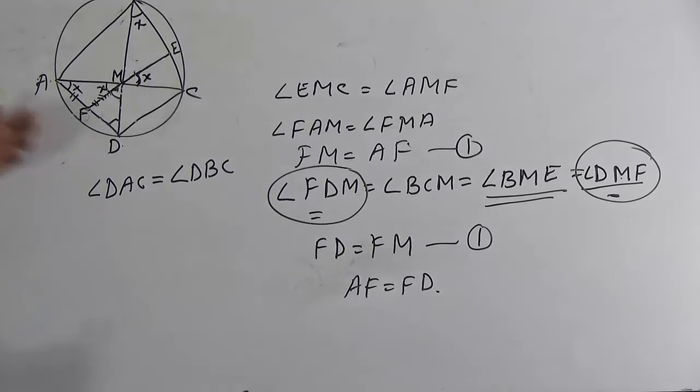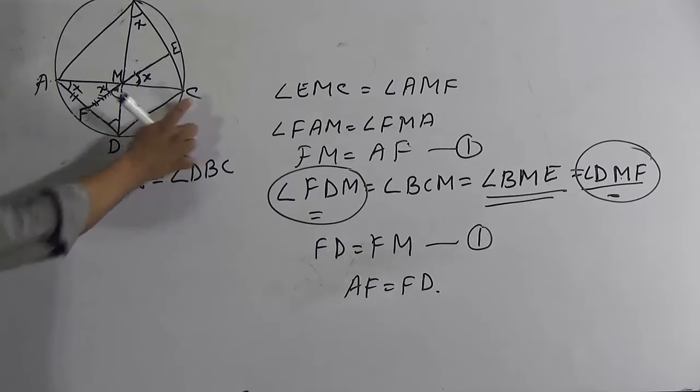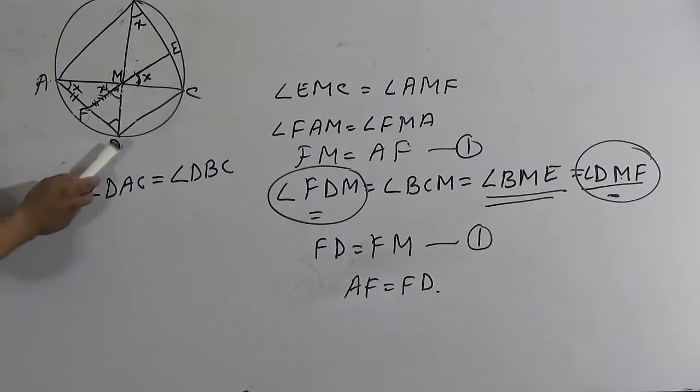So look at the proof in your book. In your book, this says that because they are inscribed angles that intercept the same arc CD, that means CBD is equal to CAD. These two angles are equal to each other.